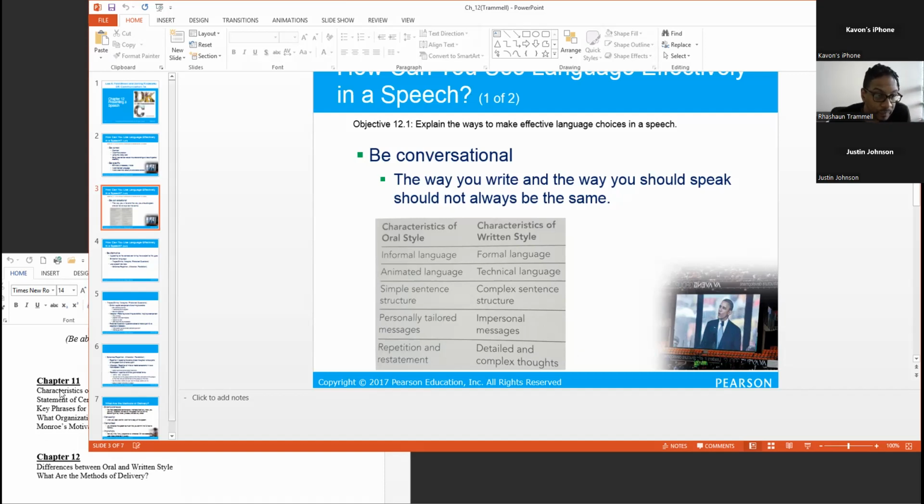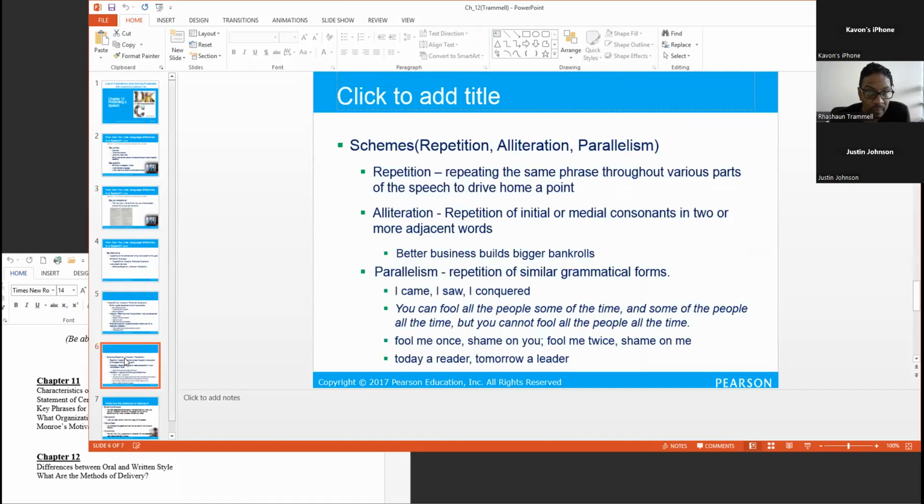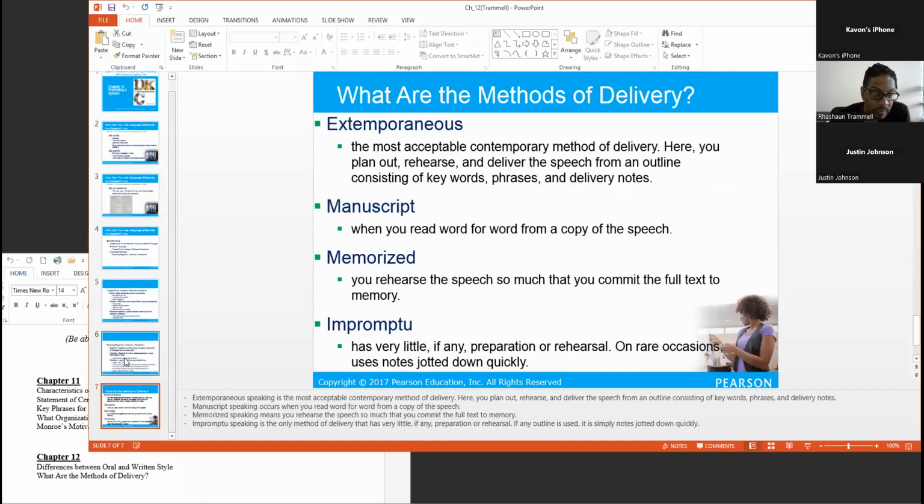Extemporaneous is the one that is our primary goal for this class. We want you to deliver a speech that you rehearsed, not having to look down all the time, but maybe getting some key words of what you want to say.